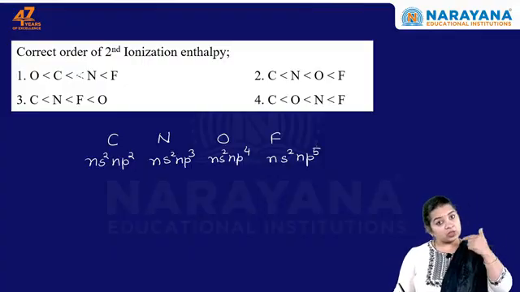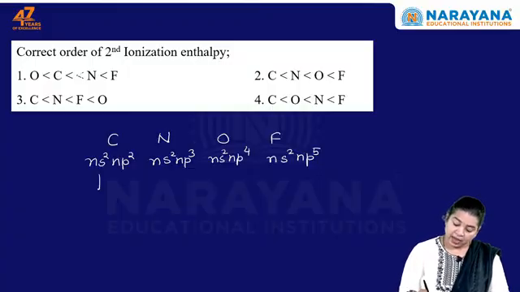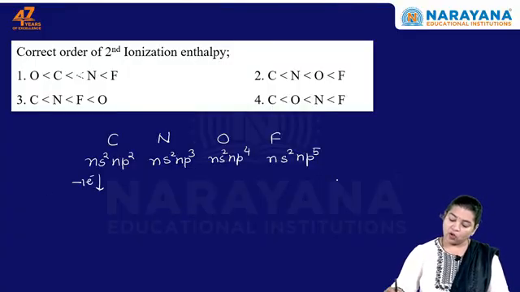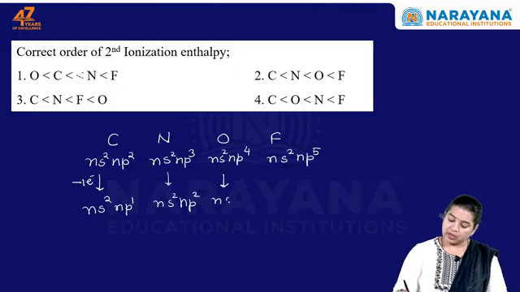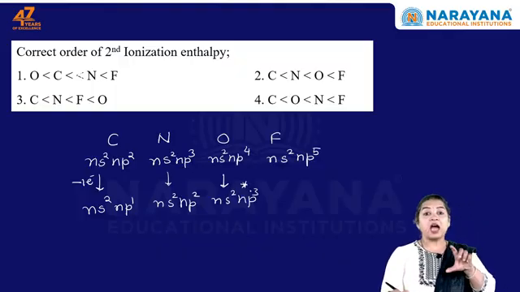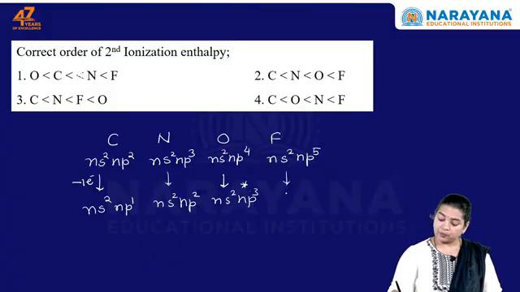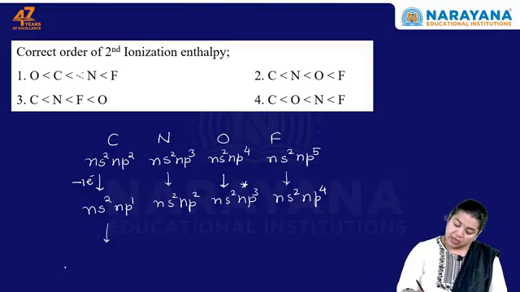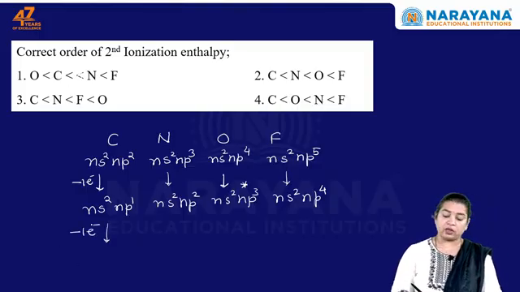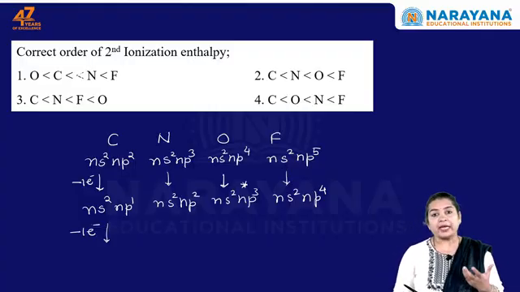This is the configuration when they are in ground state. But the question is asking about the second ionization enthalpy. So I have to release one electron from all of these and rewrite the configuration: Ns2Np1, Ns2Np2, and this will become Ns2Np3, which is important because now it is half filled p orbitals, and Ns2Np4. Now if I remove one more electron, what will be the order of those energy values?